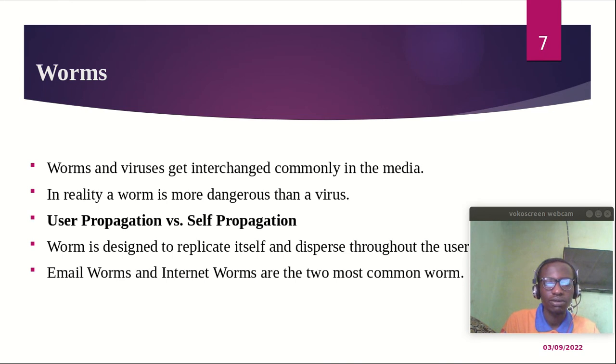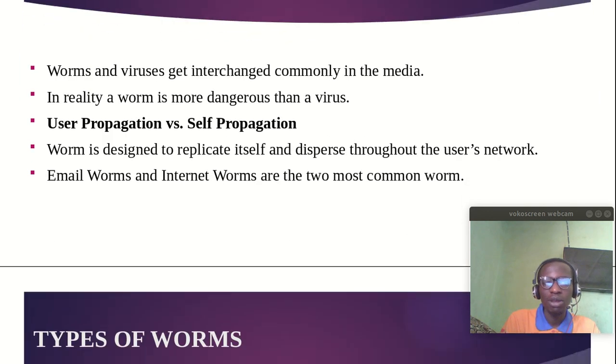As you guess, self propagation is what worms is designed for: to replicate itself and diverse to the users' network. In the definition of virus, I say it's designed to replicate itself using a carrier. The user must go and plug his flash drive into the infected computer before the virus replicates itself and diverses to that carrier.